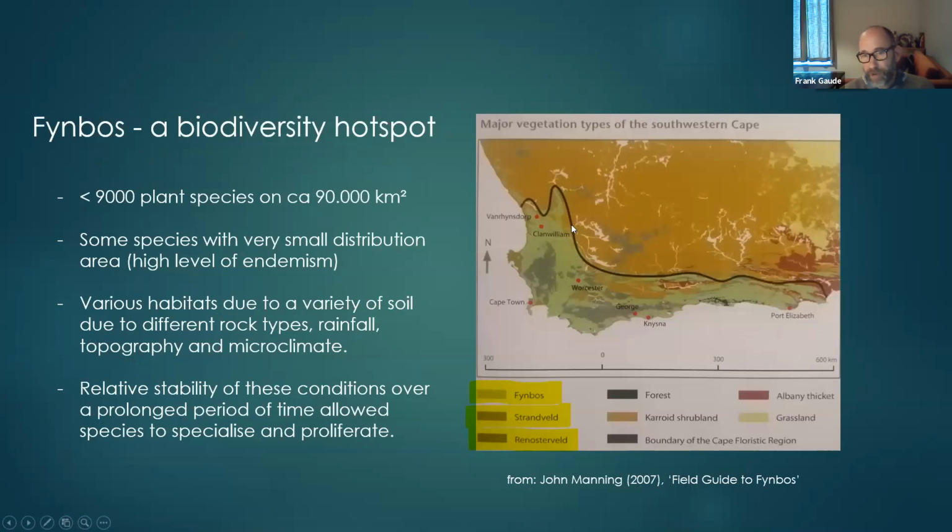You see the area here, that would be the fynbos biome, and it's basically fenced off from the central part of the country by mountain ranges, the Cape Fold Mountains, which start in the northwest with the Cederberg and Matsikama Mountains, and end with the Tsitsikamma Mountains in the east, before Port Elizabeth.